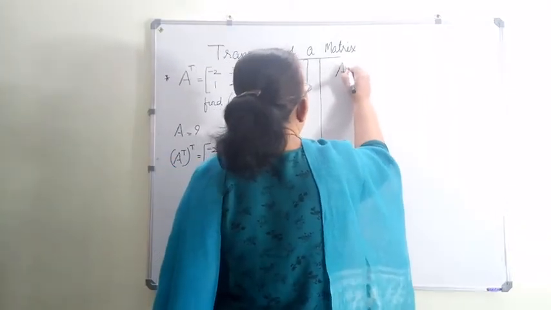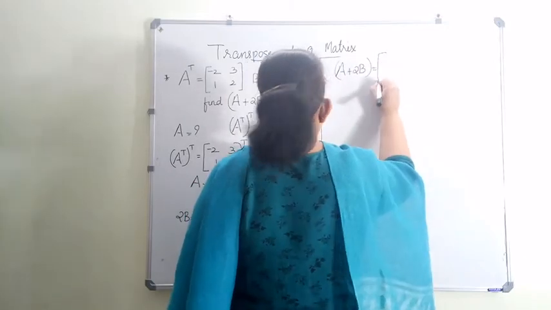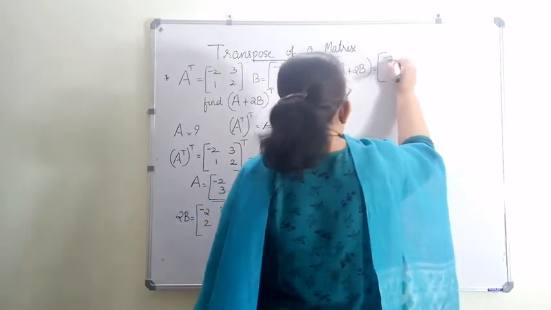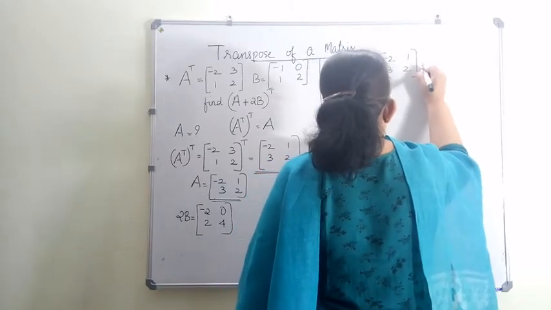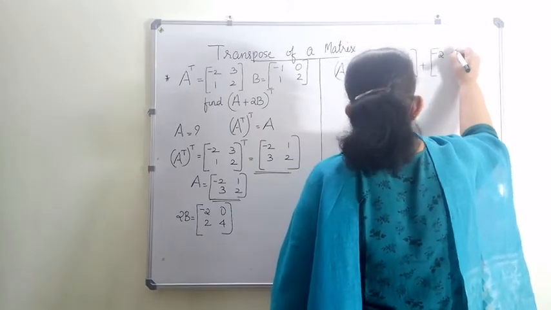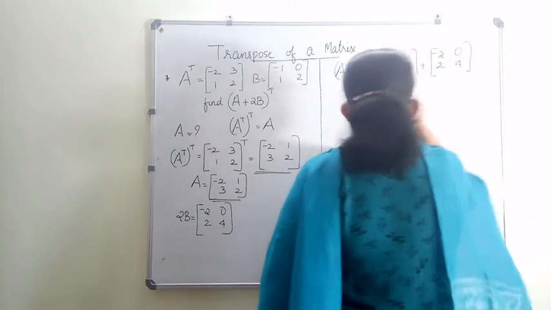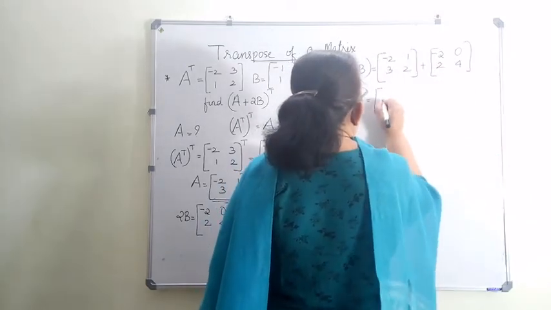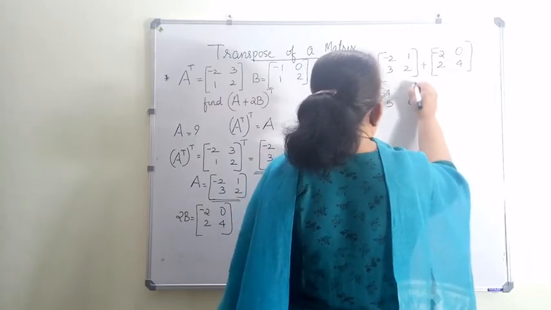A plus 2B equal to -2, 1, 3, 2 plus -2, 0, 2, 4 equal to -4, 1, 5, 6.